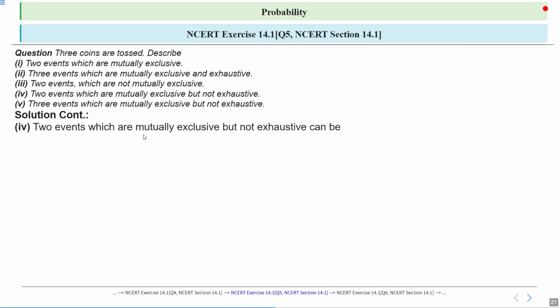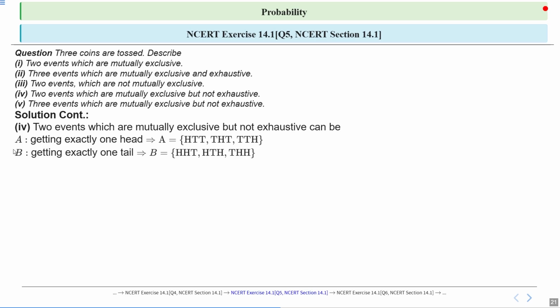Now, two events which are mutually exclusive but not exhaustive can be: take event A such that getting exactly one head. So event A can be written like this: the set HTT, THT, TTH. And take event B such that getting exactly one tail.